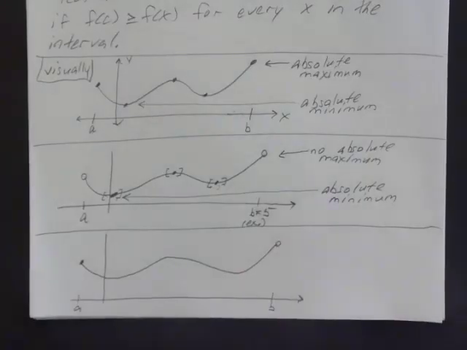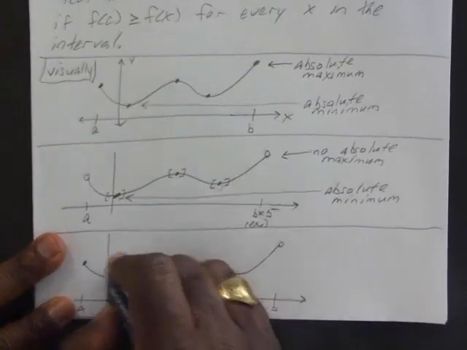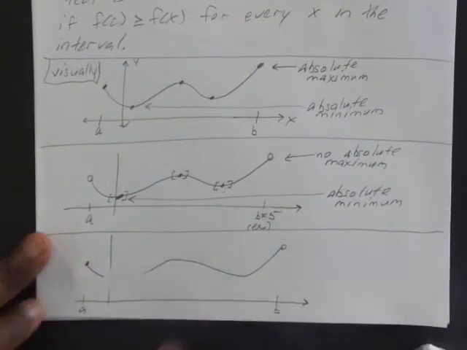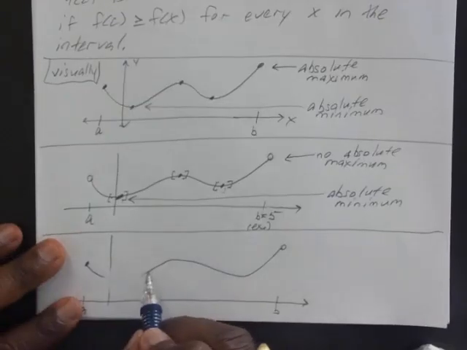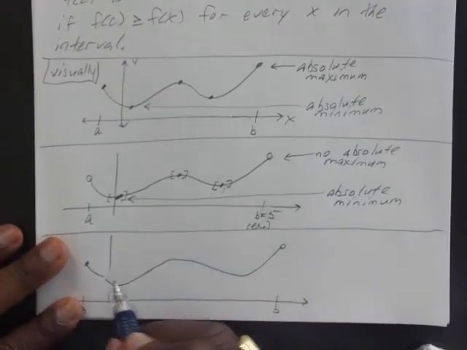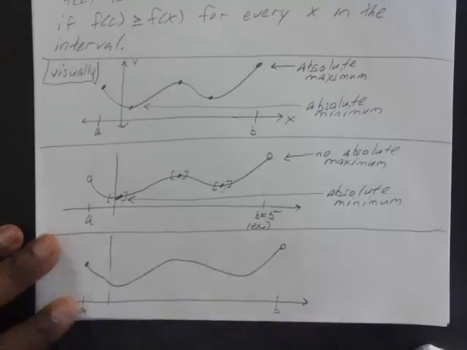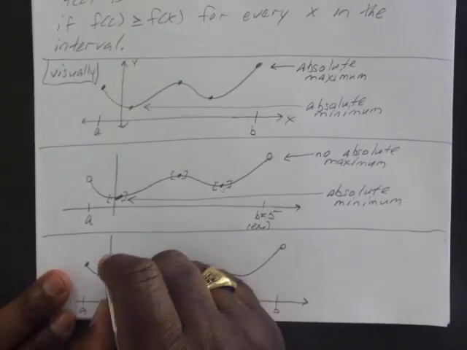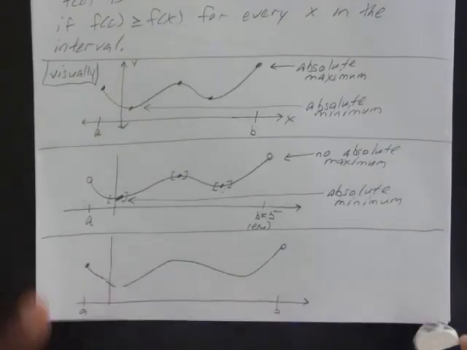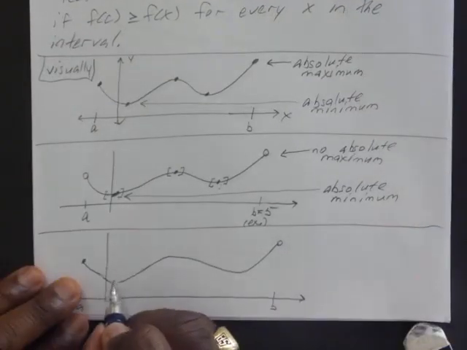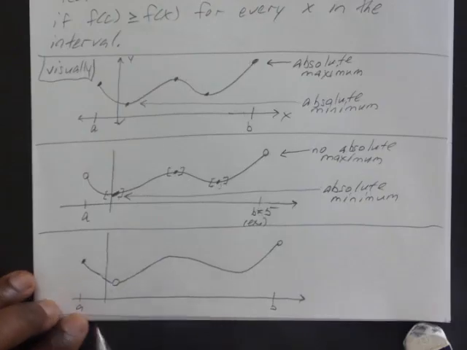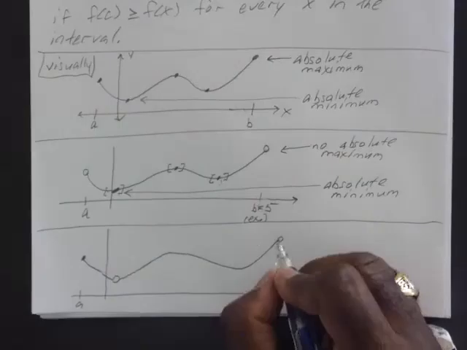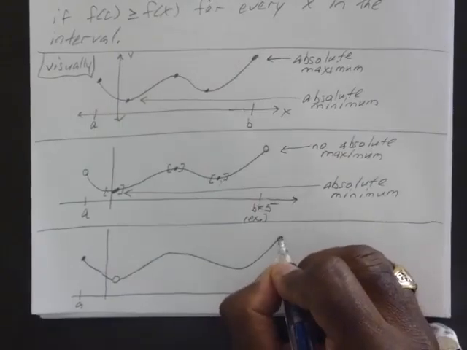Again, we'll make this a little bit lower, I want that to be lower than this one. But at that low point, we're going to make that an open circle. And right here, we'll make this a closed circle, just because.